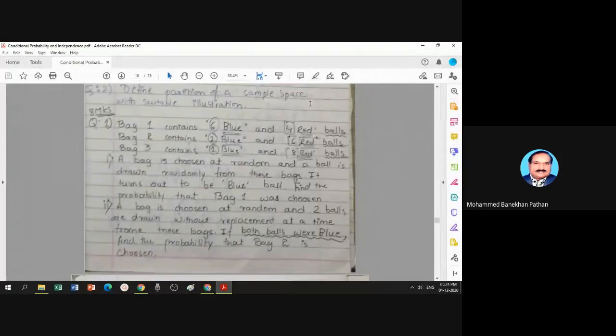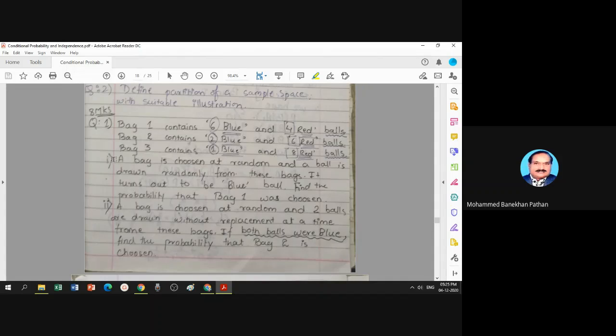Example number 1. We have bag 1, which contains 6 blue and 4 red balls. Bag 2 contains 2 blue and 6 red balls. Bag 3 contains 1 blue and 8 red balls.